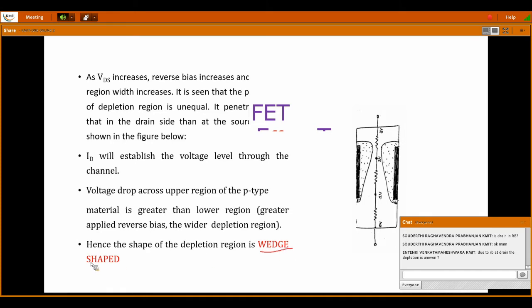See here, the penetration of the depletion layer is more near the drain as compared to the source, because the reverse bias is more near the drain. This is the drain terminal and this is the source terminal.